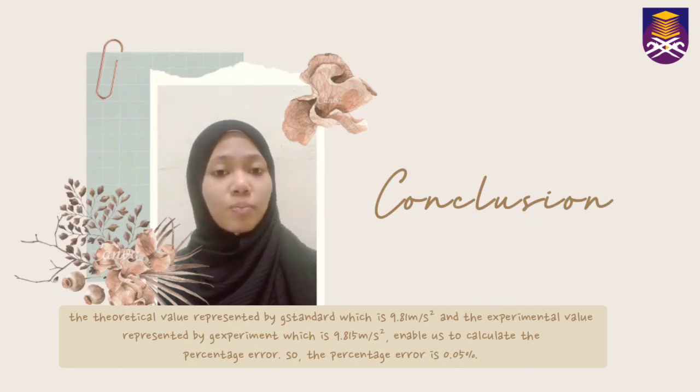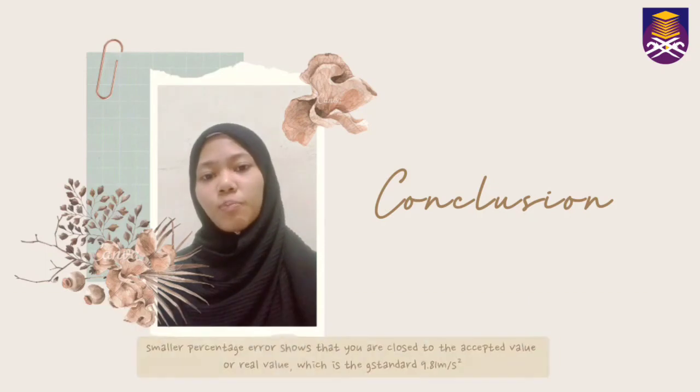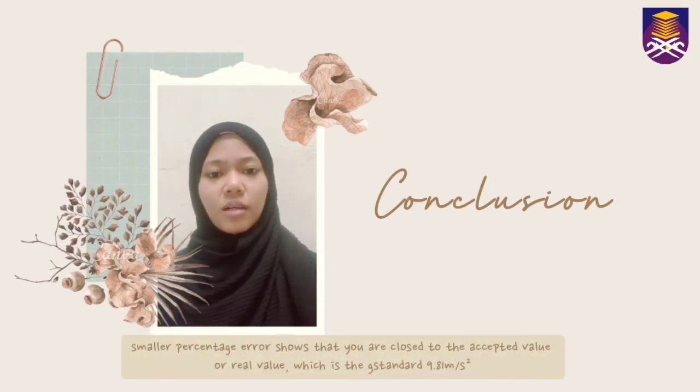So, the percentage error that we got from this experiment is 0.05%. A smaller percentage error means that you are close to the accepted or real value, which is the g standard, 9.81 meters per second squared.